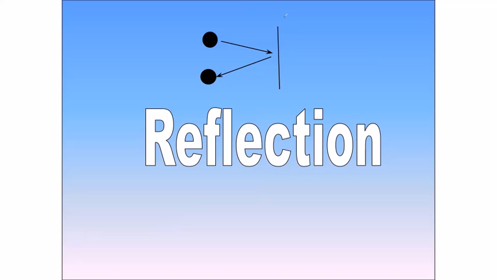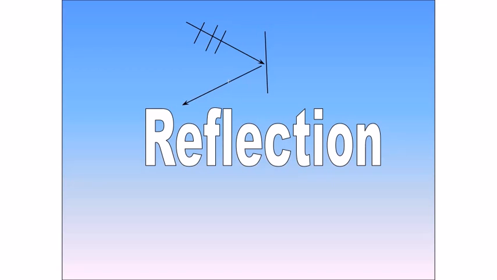The same thing happens for a wave. When the wave strikes the surface or barrier, it changes direction. As the wave moves towards the barrier, it hits the barrier and bounces back. As it bounces back, it changes direction, and we call this reflection of the wave. The wave moving towards the barrier is called incident, and the wave which bounces back is called reflected.